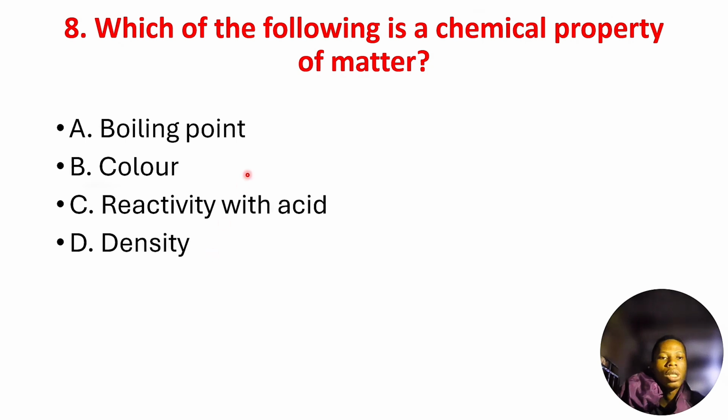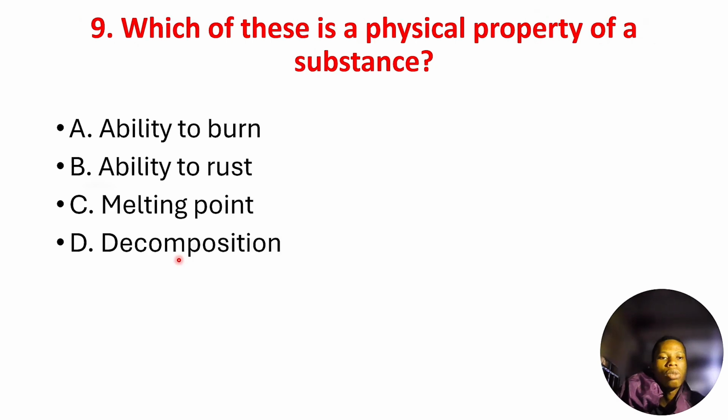Question number 8. Which of the following is a chemical property of matter? The correct answer is C. Reactivity with acid. Question number 9. Which of these is a physical property of a substance? The correct answer is melting point.